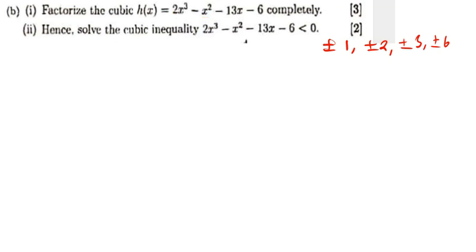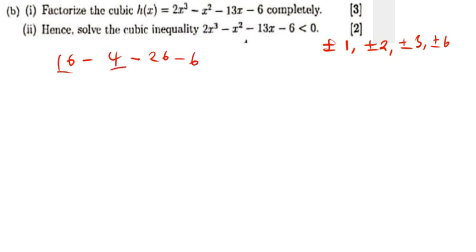What if I try 2? So 2 cubed is 8. 8 times 2 is going to be 16. So 16 minus 2 squared, which is 4. Then that is going to give me positive 26 minus 6.